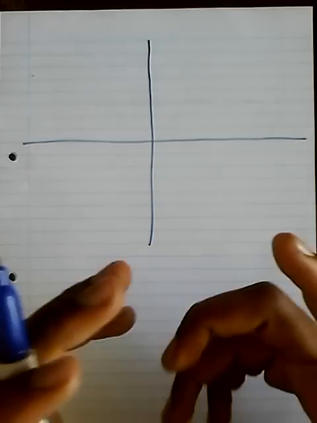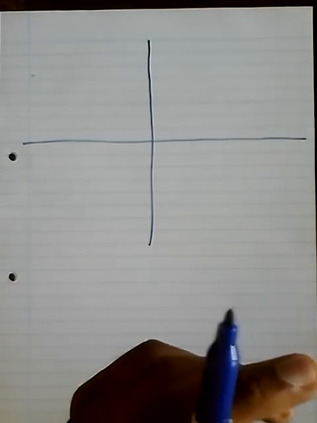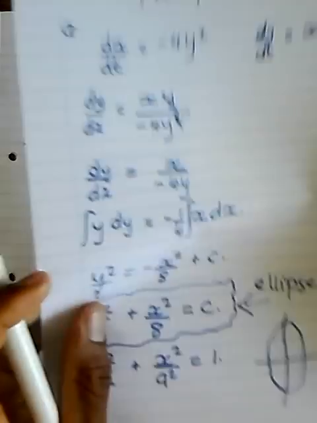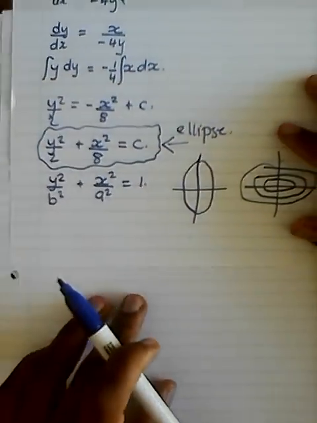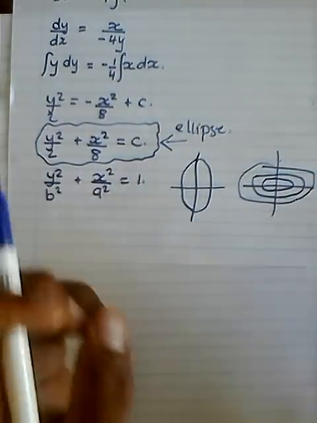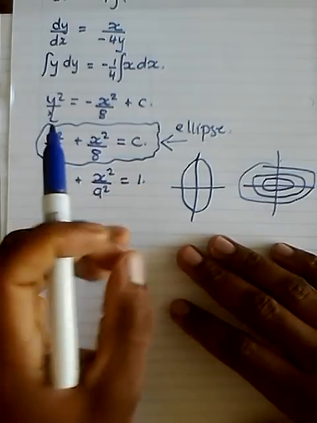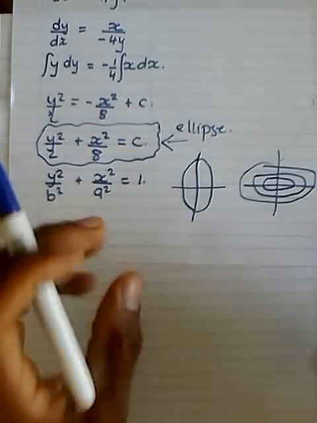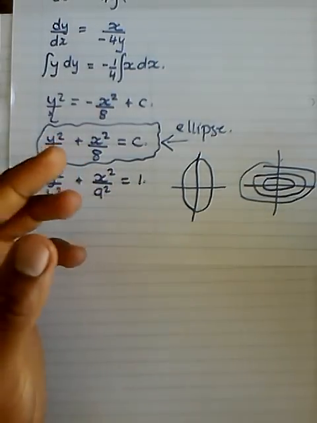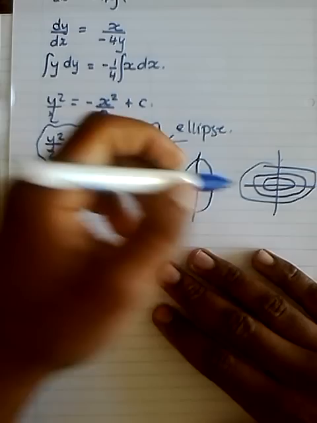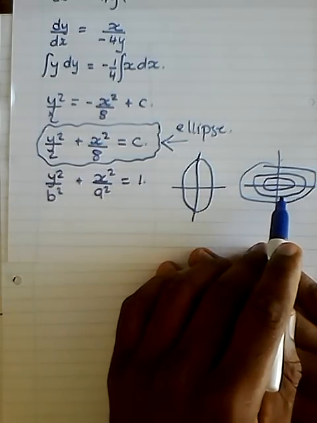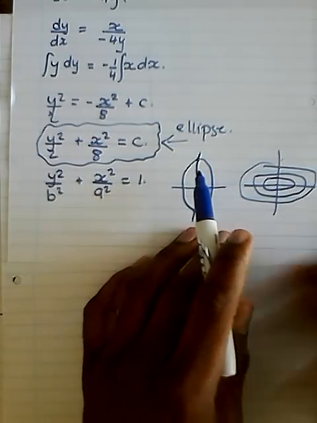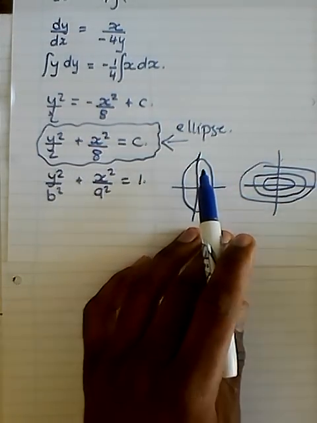Now what we want to do is sketch the trajectories. We're not gonna draw all the trajectories, but we're gonna draw as many as we can. Okay, the first trajectory is this one, so we're gonna draw this one.